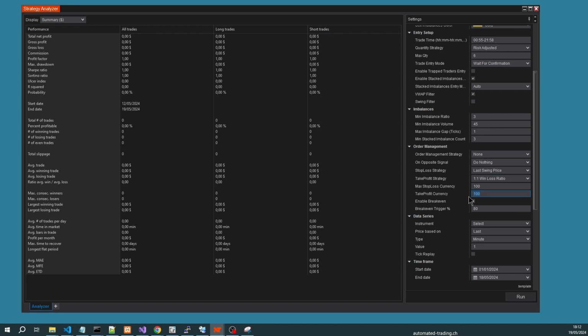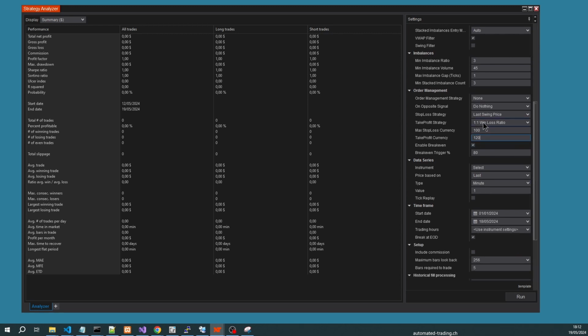I will increase a little bit the take profit so that the auto calculation of take profit will be hit, because when you have a stop loss that is variable, you don't have the exact stop loss value, so you can have more or less $10 around the 100.